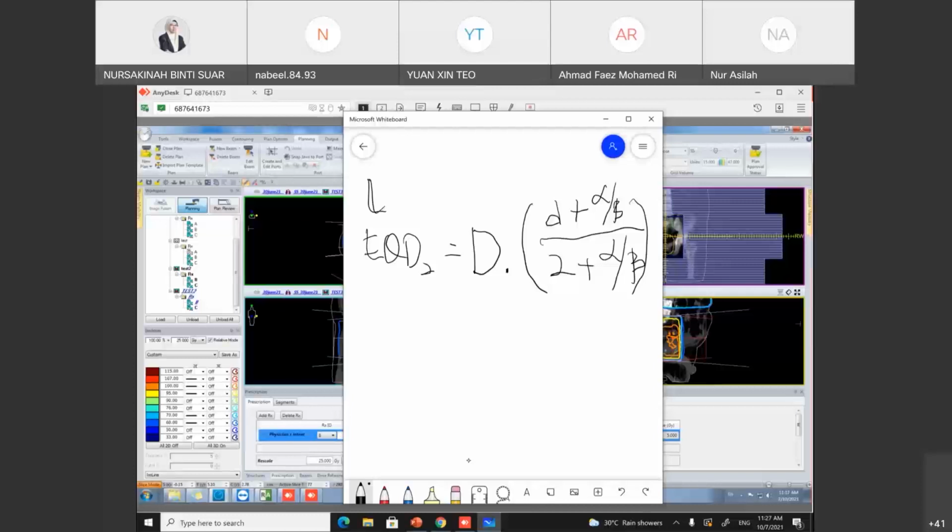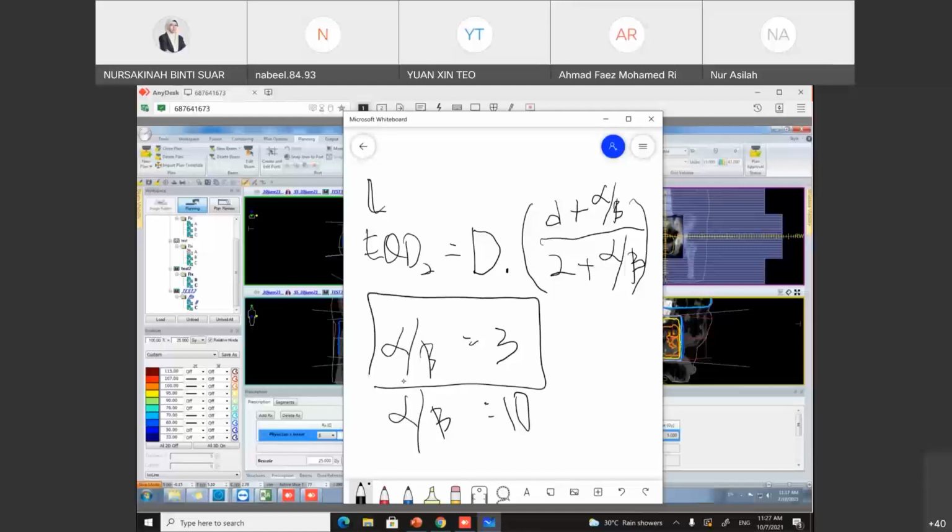For different organs at risk, the alpha beta is different. But normally, for normal tissue, we choose the number 3. For tumor, we choose 10. In most scenarios, we calculate for the organ at risk, so we will choose 3.